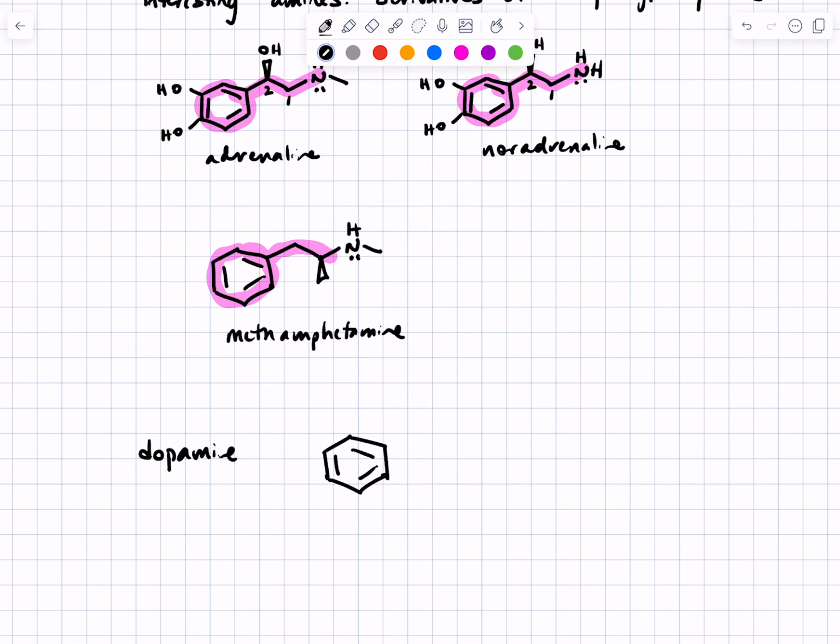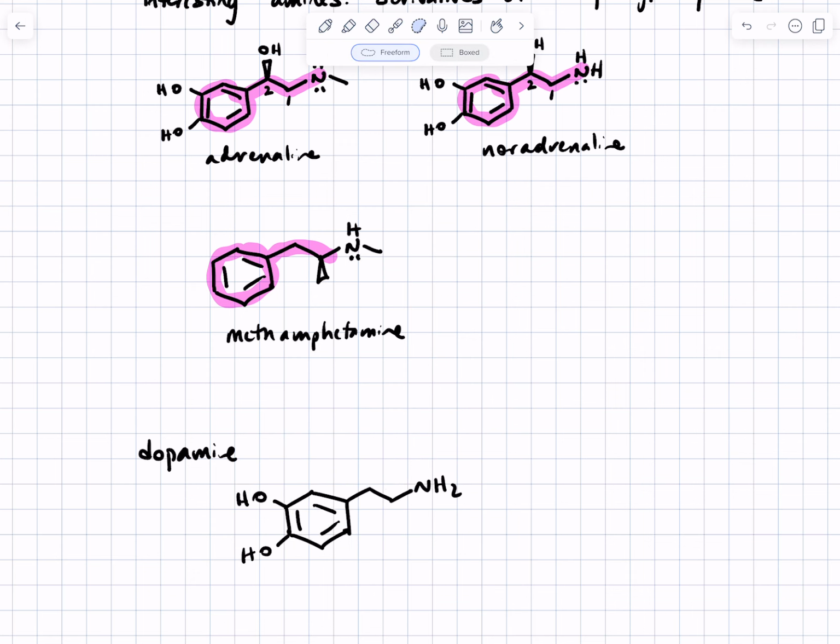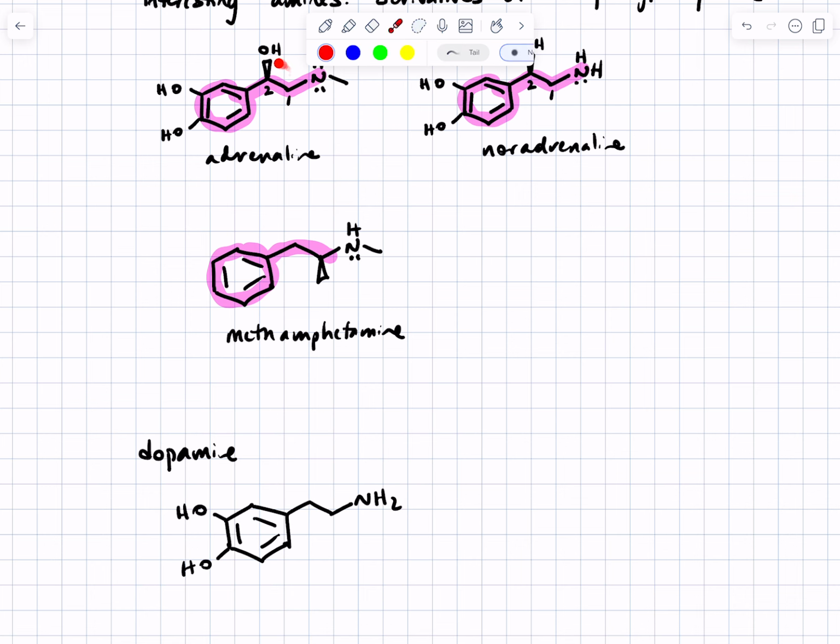which you hear about a lot, actually shares some structural elements with adrenaline. It's got the same 2-phenylethylamine structure, and like adrenaline, it's got the benzene ring with the 2 OH groups on it. What's missing relative to adrenaline is this hydroxy group and the methyl group on the nitrogen.